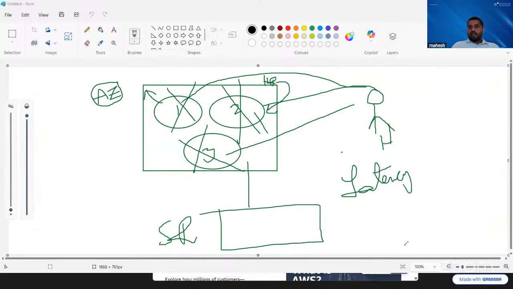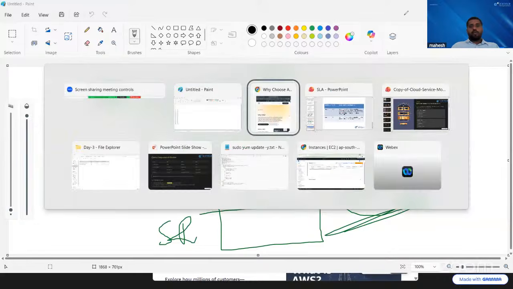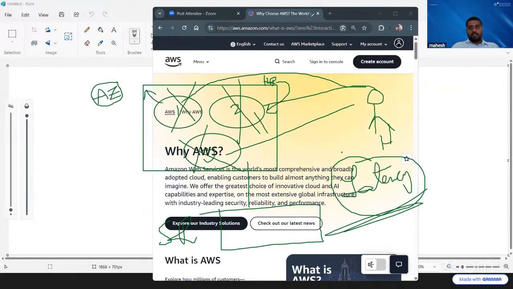Yes or no? Latency is very, very important as well. So if you are near to Hyderabad, take the Hyderabad data center. If you are near to Bombay, take the Bombay data center. Let me show you that in real time also, how this actually works through the internet. Go to Google, just a minute.